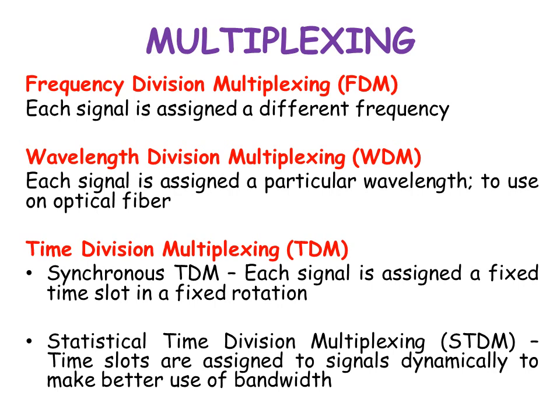FDM means each signal is assigned a different frequency, and in WDM each signal is assigned a particular wavelength to use on optical fiber. The last is time division multiplexing, which has two subdivisions. The first is synchronous TDM, where each signal is assigned a fixed time slot and a fixed rotation, and the second is statistical time division multiplexing, where time slots are assigned to signals dynamically to make better use of bandwidth.